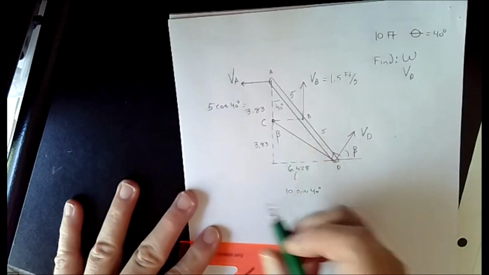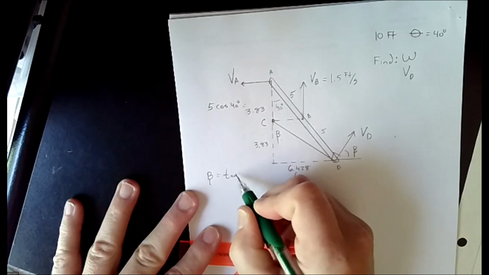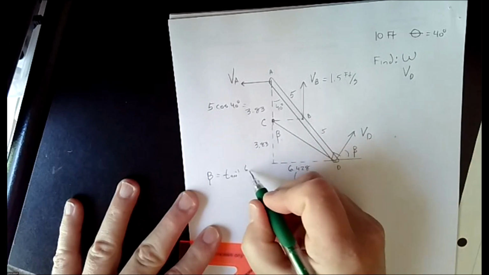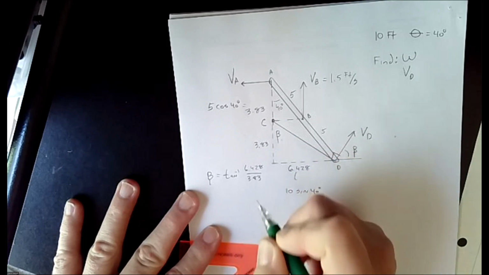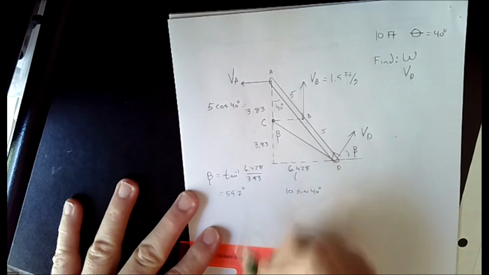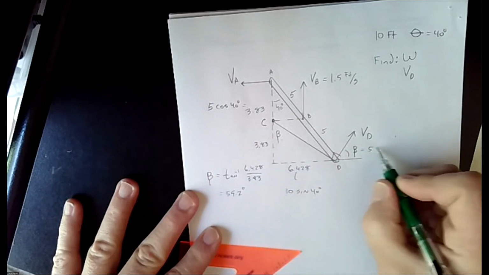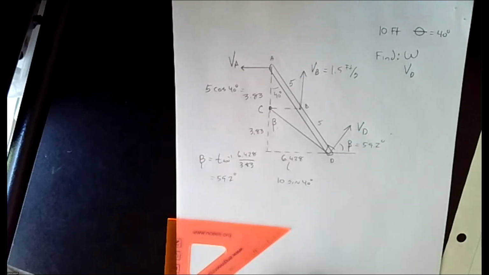And so we know that beta equals the inverse tangent of 6.428 over 3.83, which gives us an angle of 59.2 degrees.